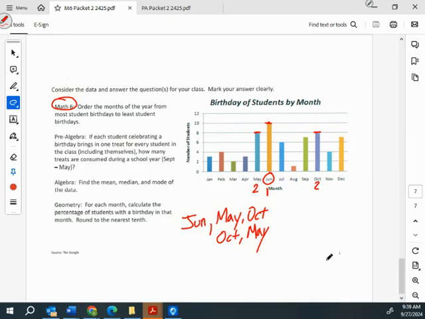If we are numbering it, we would number them both as 2, because they're tied for second place. Then we look for our third highest, then the fourth, fifth, sixth, so down until you have every month in order from most to least. Any questions on that? And I believe that's our last page, right?